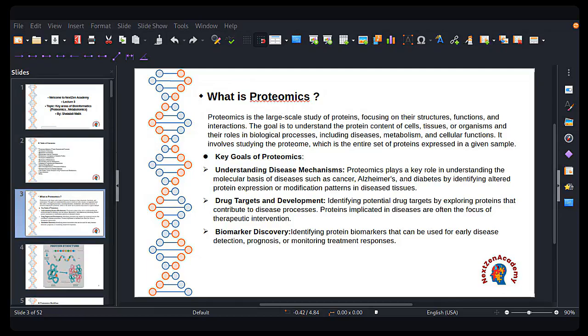The second thing is drug targets and development. Whenever we consume any medicines, they are mostly drugs, right? Medicines are drugs, right? Amoxicillin, azithromycin, paracetamol.